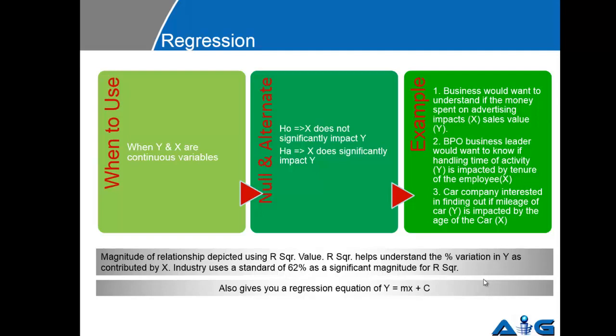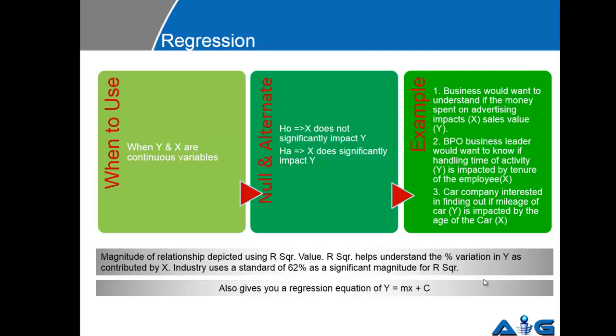R-square value, also referred to as coefficient of determination, helps you understand the percentage variation in Y as contributed by X. So assume that the total variability observed in my Y is, let's say, 1400, out of which 1000 comes from X. So my R-square value will become 1000 upon 1400 into 100. R-square is always a percentage.